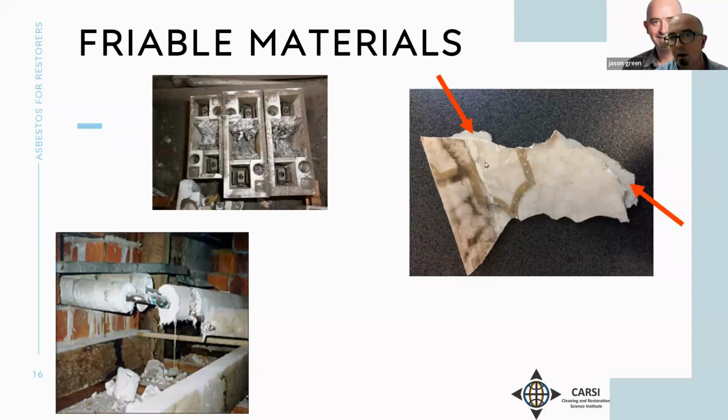And this is another very important friable material. You can see here it's a vinyl sheeting. The top layer is vinyl, a plastic sort of sheet, but underneath is the nastiness. There's a friable backing here, and that is very common in older houses and older buildings as floor coverings.